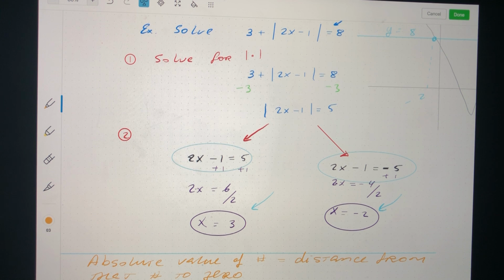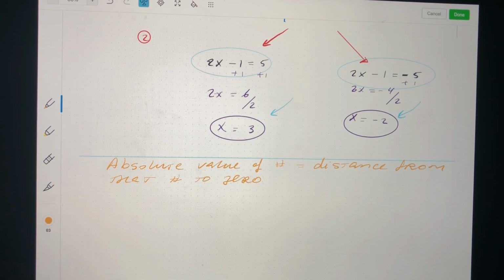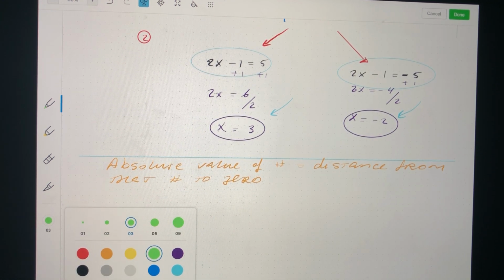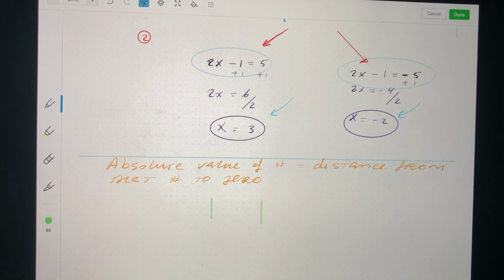So on the axis, when we asked ourselves, here is something absolute value that has to be equal to 5, what we meant by this is there is 0 somewhere, and 1, 2, 3, 4, 5 units from it is our answer.